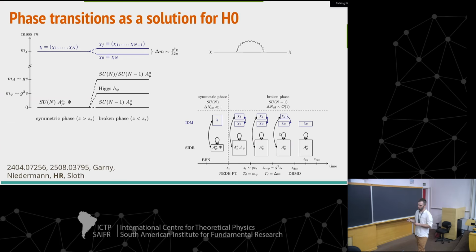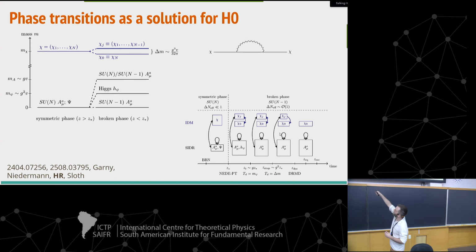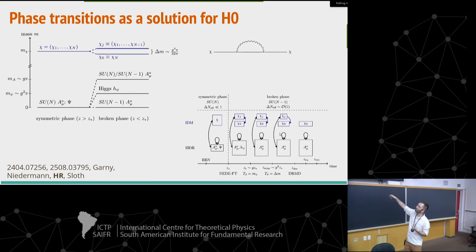Right, so one specific feature of this model is what happens after symmetry breaking. When you're still in the symmetric phase, dark matter is fully gauged under this dark SU(N). When you have a symmetry breaking, you have two dark matter particles, one that's still gauged under this new dark SU(N-1), and one that's neutral, this psi 0 here.